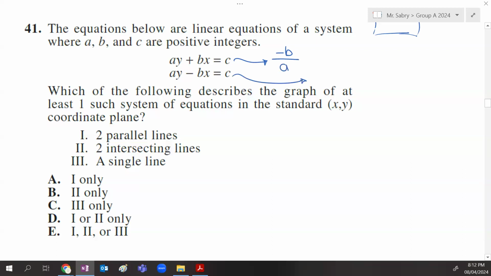While here the slope is negative the number next to x, meaning positive b, over the number next to y, meaning a. So this has a negative slope, while this one has a positive slope. Because their slopes are different, they will definitely intersect once. They're not parallel, because they have a solution, and they're not the same line, because they have different slopes. It's a very easy question.